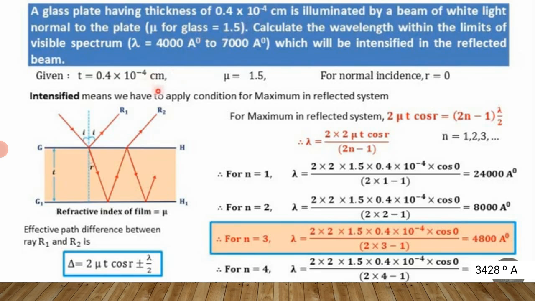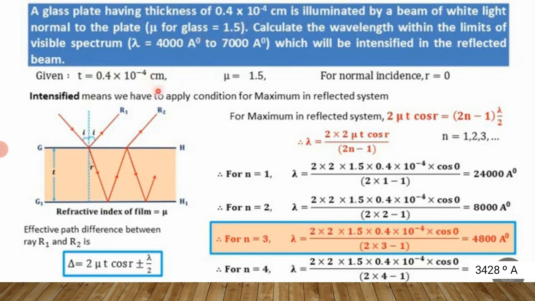What are the given things? t is equal to 0.4 into 10 raised to minus 4 centimeter, mu is equal to 1.5, and normal incidence, r is equal to 0. For the maximum reflected system, 2 mu t cos of r is equal to (2n minus 1) lambda upon 2. Rearranging this equation, lambda is equal to 2 multiply 2 mu t cos of r upon (2n minus 1).